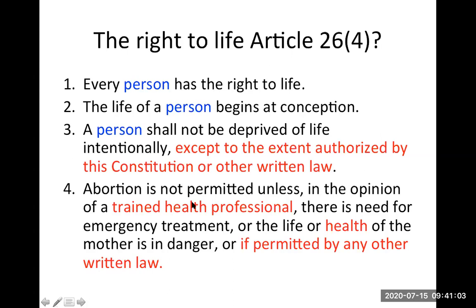This provision talks of a trained health professional, not a registered medical practitioner. There are several trained health professionals, and the challenge would be whether they are able to form the opinion that an abortion is permitted. Okay? And then the grounds.